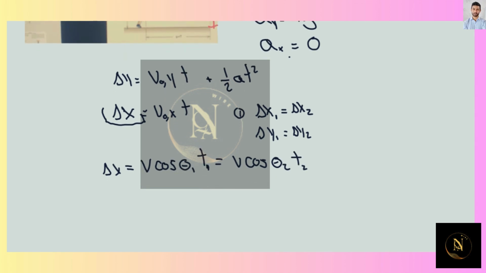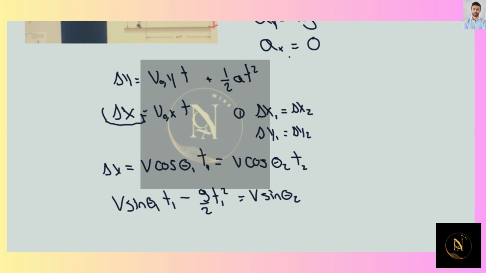For the delta y equations, what we're going to have is that the velocity times the sine of theta 1 times t1 minus g over 2 t1 squared needs to be equal to velocity times sine of theta 2 times t2 minus g over 2 t2 squared.